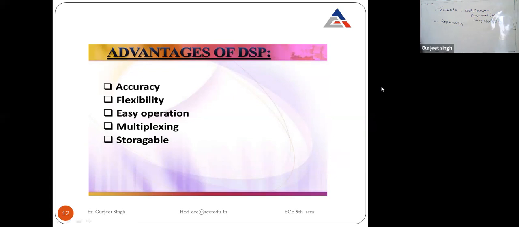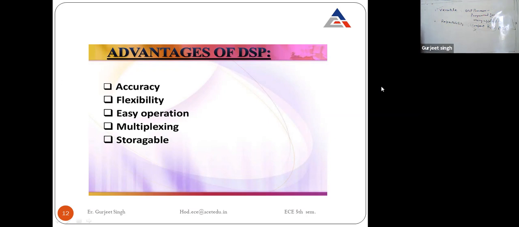In the case of the ASP processor, it depends upon the component values, the value of R, the value of L, and their tolerance values. This concept is used in the analog signal processor, but we are not using the concept of component values and tolerance in the case of DSP.